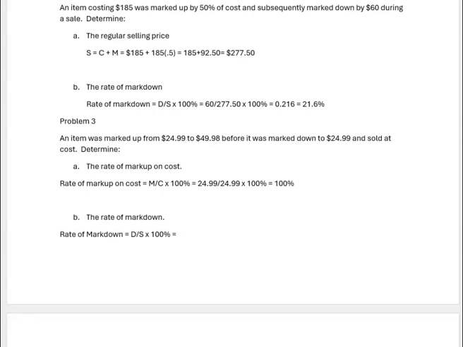So our discount amount is $49.98 minus $24.99, so you can see the markdown is $24.99. $24.99 divided by the selling price, which was $49.98, multiplied by 100% gives you 50%.